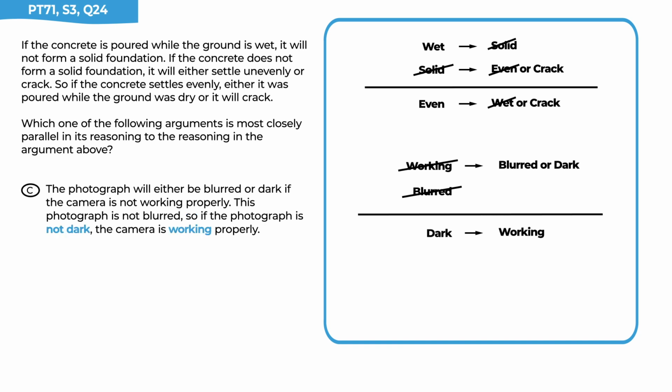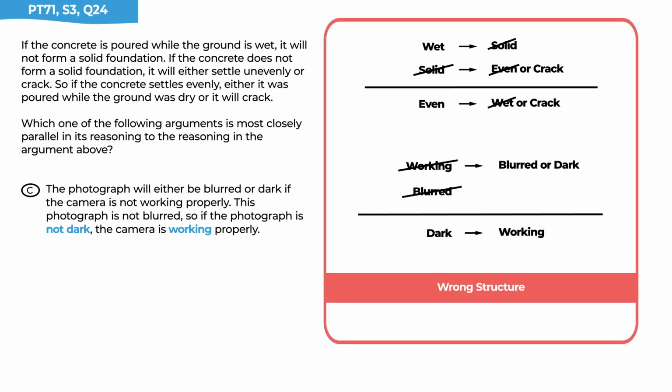This is valid logic. If it weren't working, it would either be blurred or dark. So if it's not blurred and it's not dark, it is working. So congratulations, C. You do have valid reasoning on your side. But you do not have a structural match. You only gave us one conditional premise, and your conclusion doesn't have an or in the outcome.